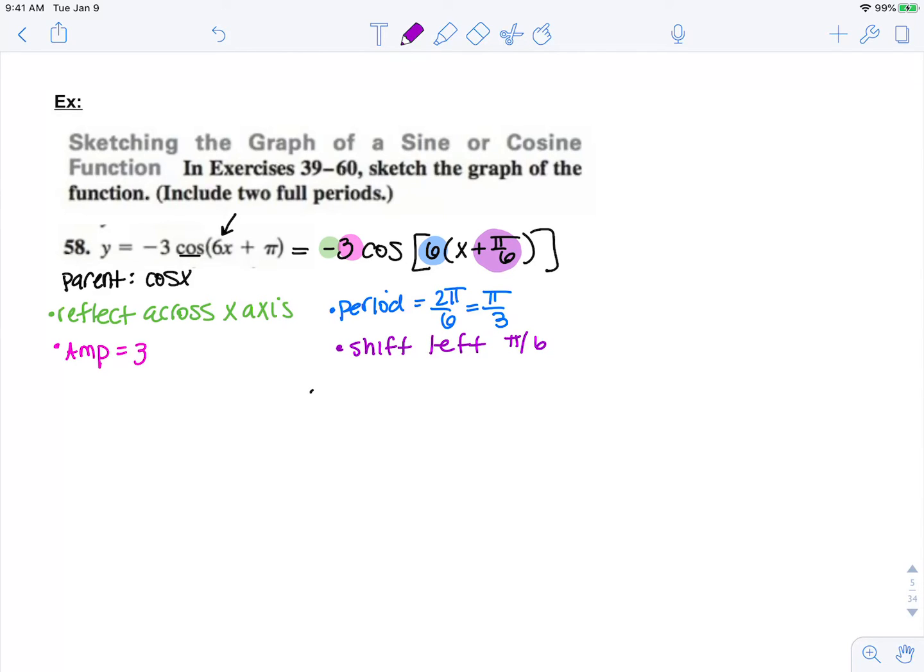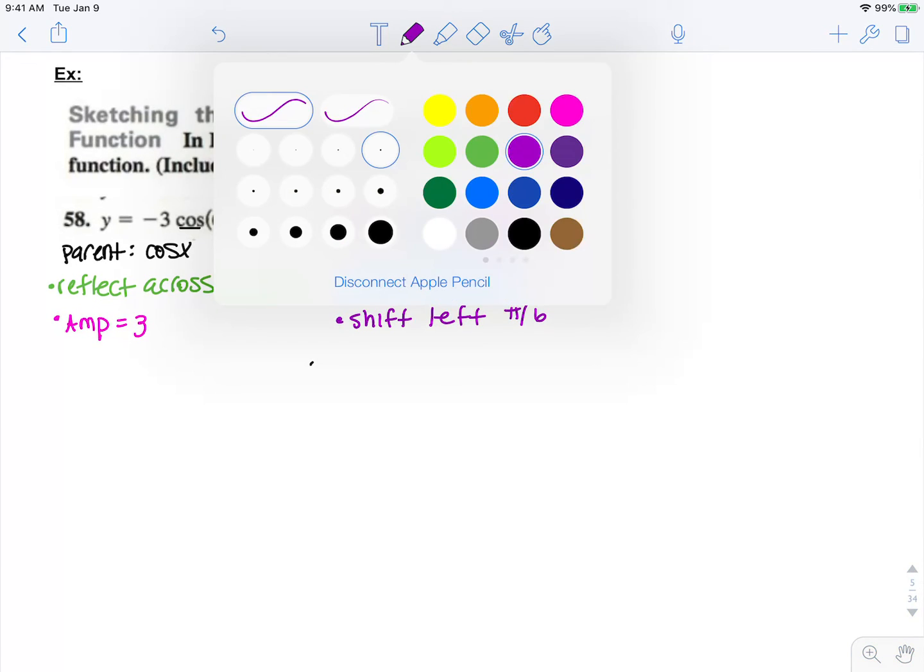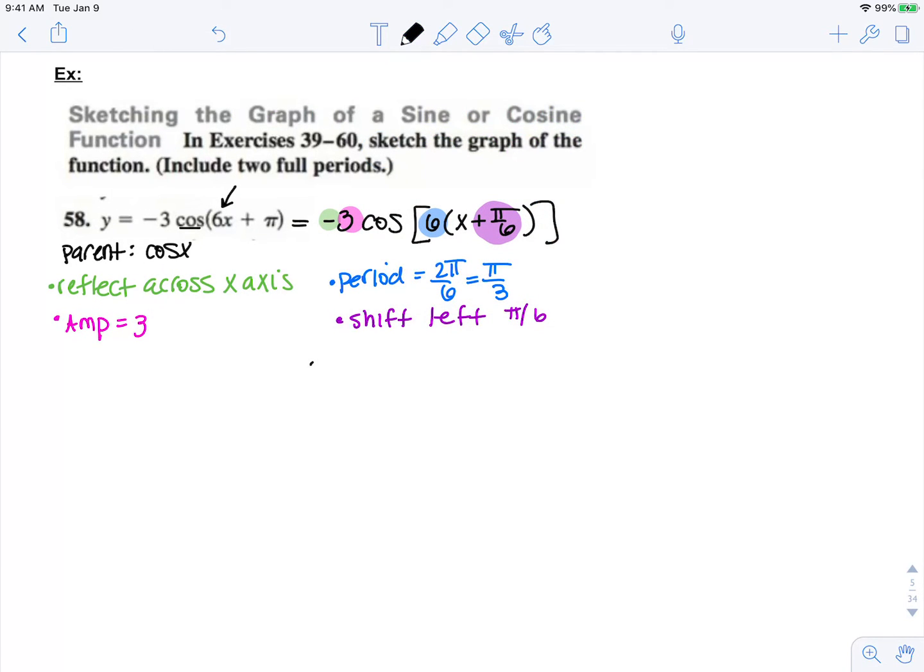Now that we have these pieces, we can start to sketch. But sometimes when we have all these fractions with unlike denominators, it can make our life a little bit more hectic. So let me show you some strategies for finding certain parts of the curve.